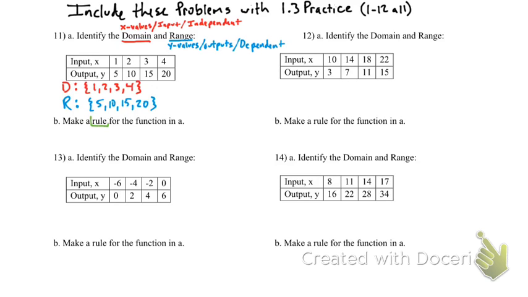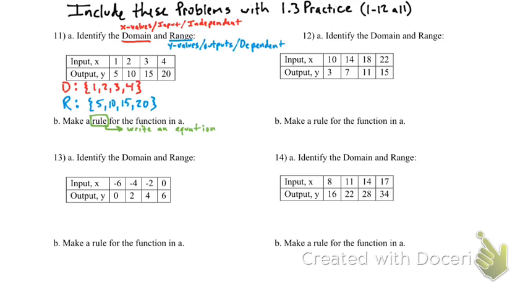So a rule, I want you to understand, is we want to write an equation. All right? So that's just a different way of saying, hey homie, look at this input-output table and write an equation for it. Okay? And I'm going to show you how to do that now.